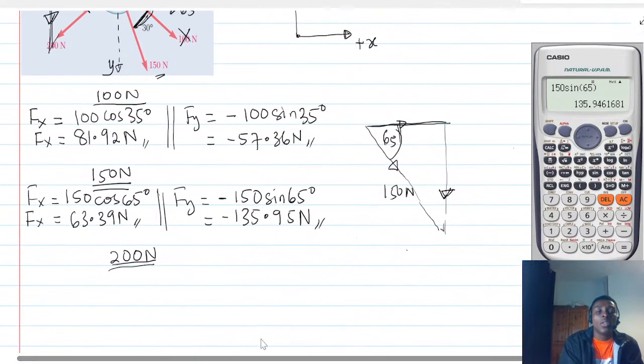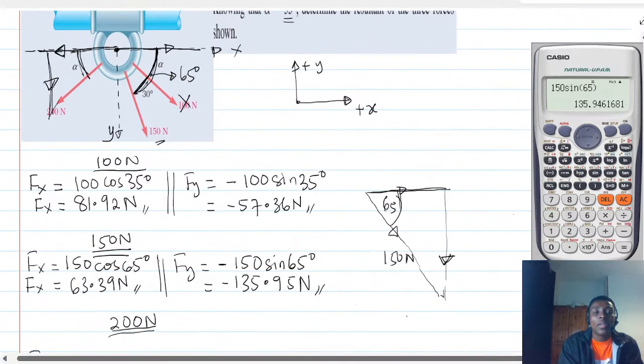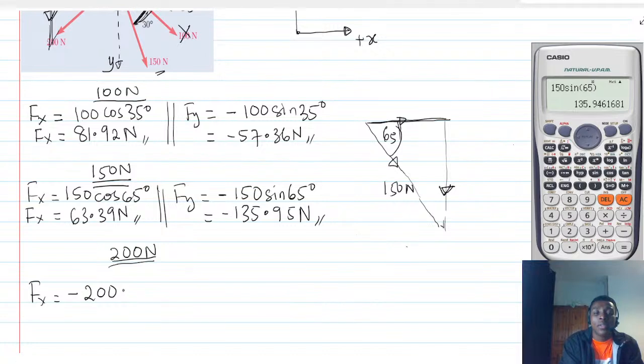So it's going to be Fx minus what? So minus 200 cosine alpha, which is what? 35. And what is that?